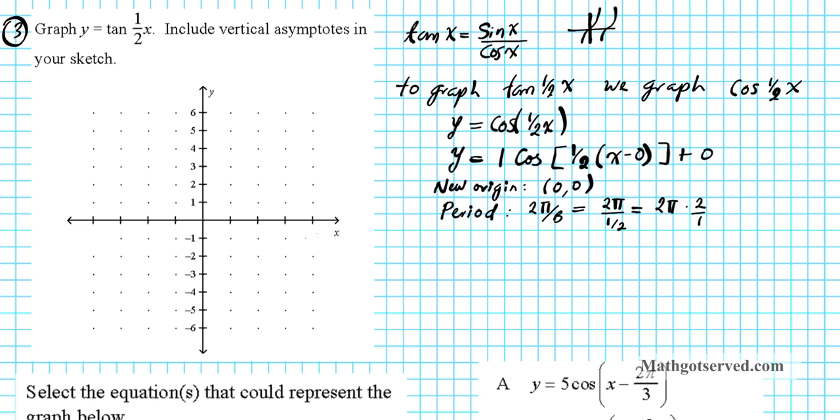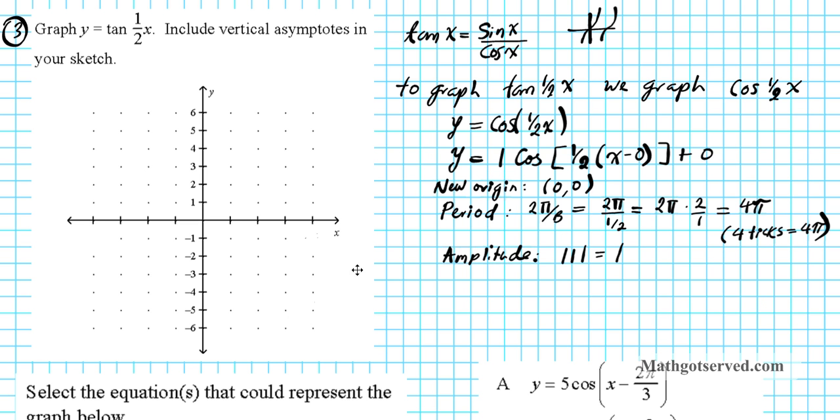We'll multiply it across. We have 4 pi. That's our period. So this tells us that 4 ticks will be equal to 4 pi. That's our calibration process. Okay, let's see, our amplitude here, although it's not useful for this graph, let's just state it. Our amplitude is the absolute value of A, which is 1.